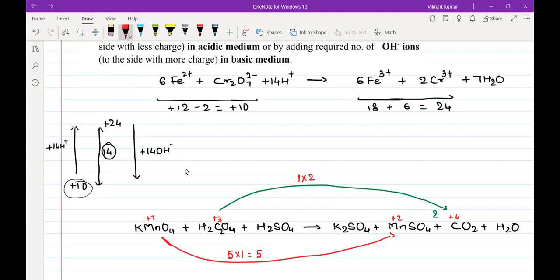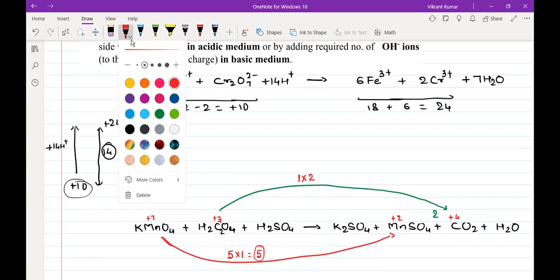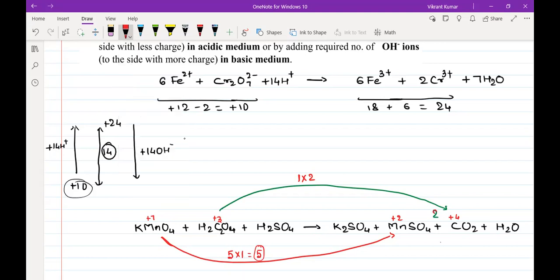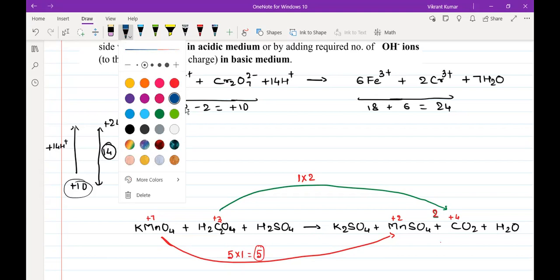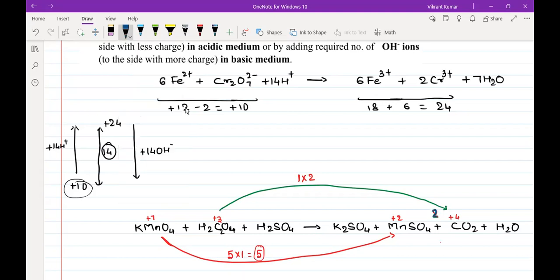Now whatever is coming here उसको इधर लिख दो. So I'll write that black में, चलो I'll put some blue. So I was writing 2 here. Yeah. So I had already written 2 here.